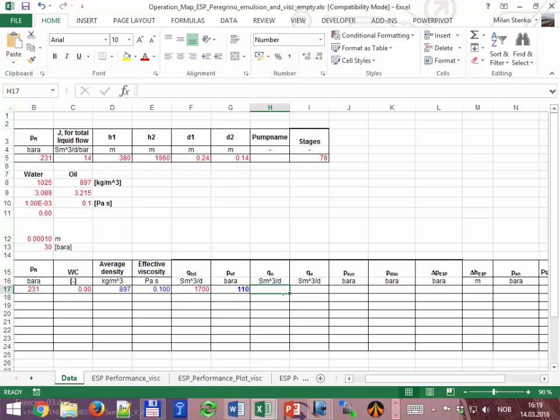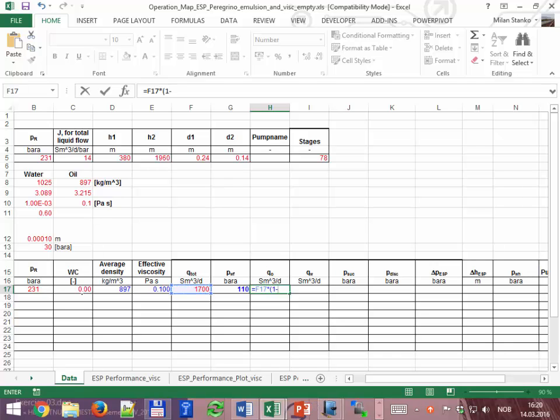So how do I calculate Q of the oil and Q of the water? According to the fraction? Yeah, I use the fraction. So this times 1 minus the fraction, and this is the total minus the oil.